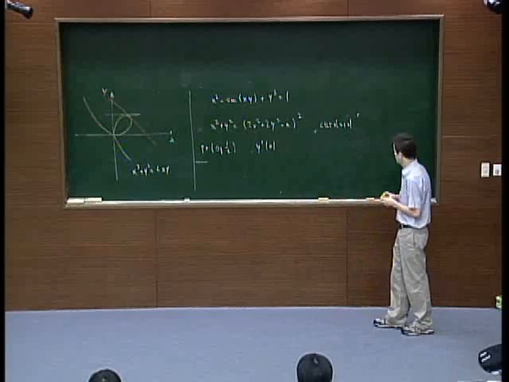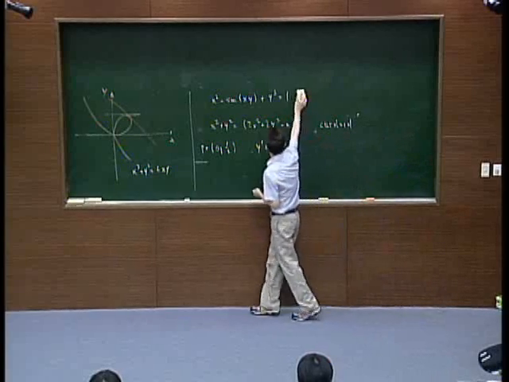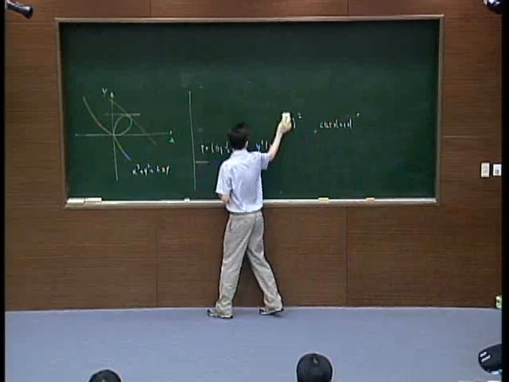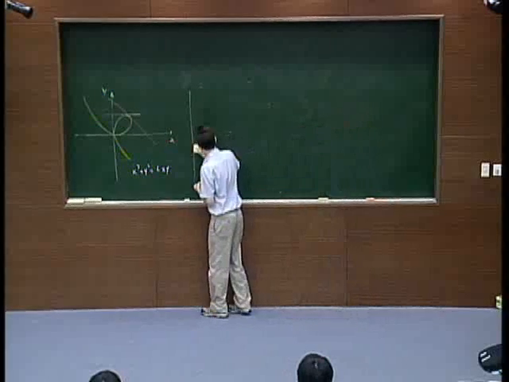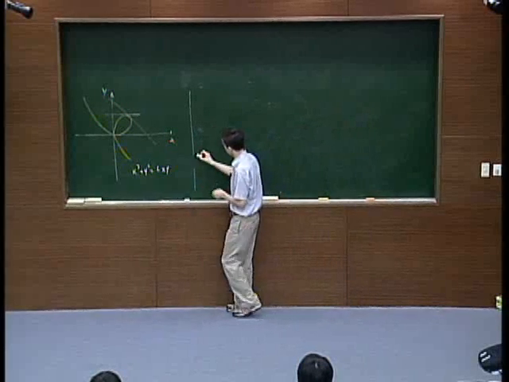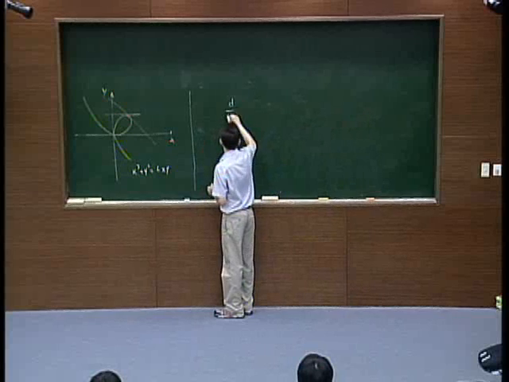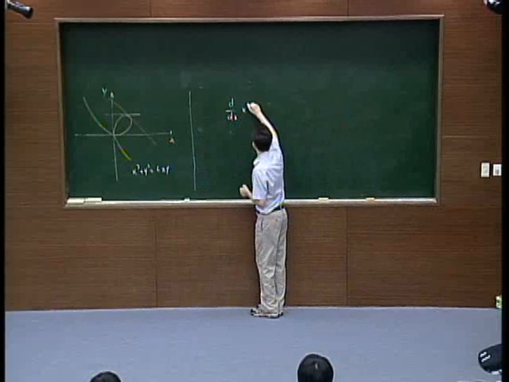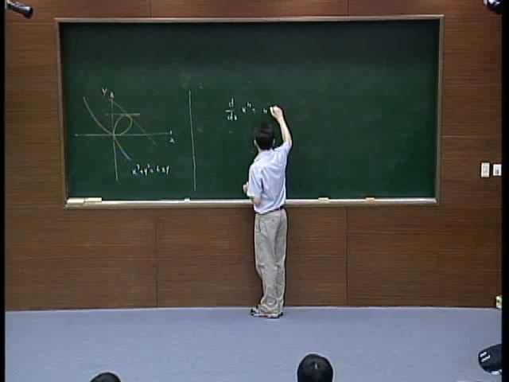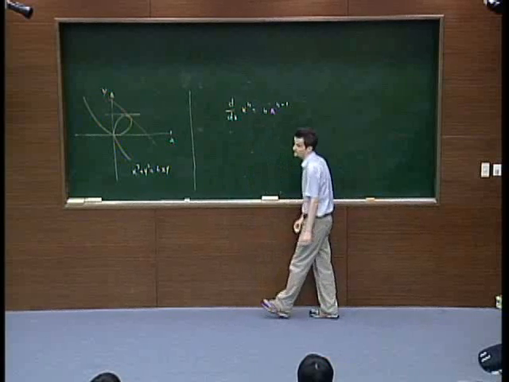Now another application of the method of implicit differentiation is something which you already know from high school. We already discussed that the derivative of this function is n times x to the n minus 1.